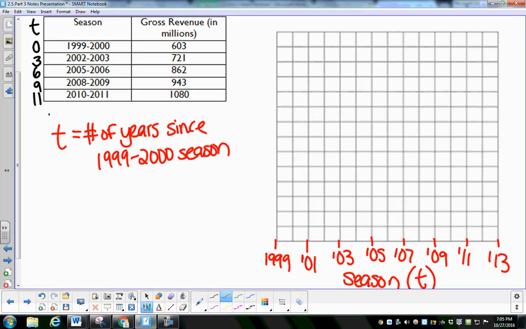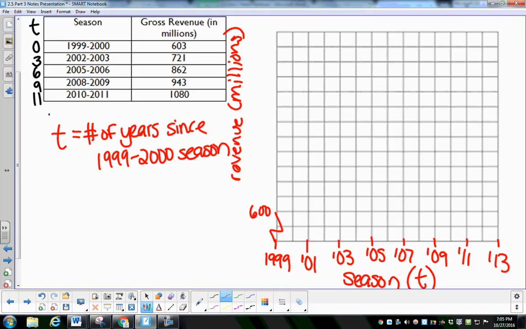And then let's see, our revenue. This one we can probably do the zigzag thing because we don't really need to start until 600, and then we need to make our way up to 1,080. So I'm going to do the zigzag thing. I'm going to start my revenue, which is in millions, at 600 million.